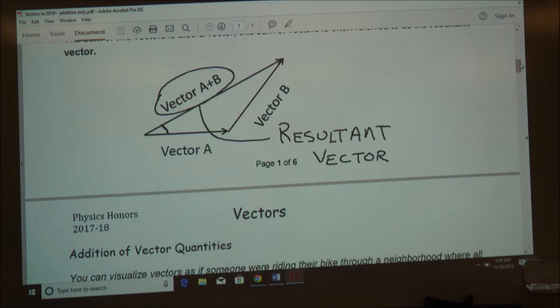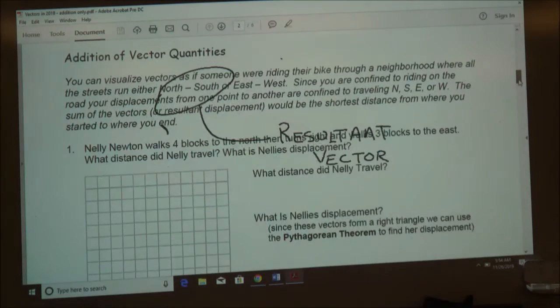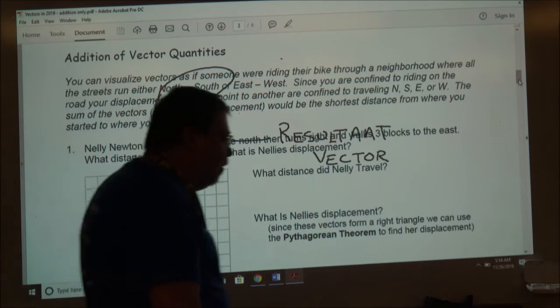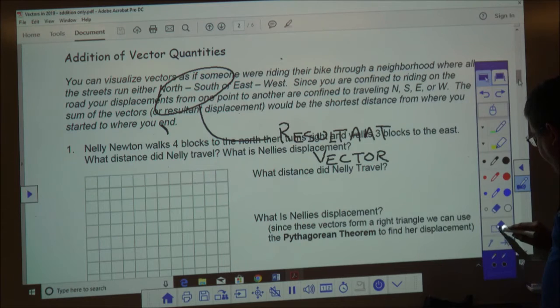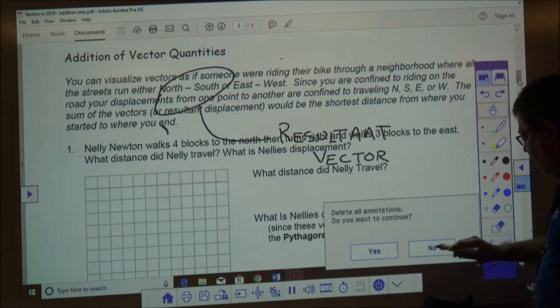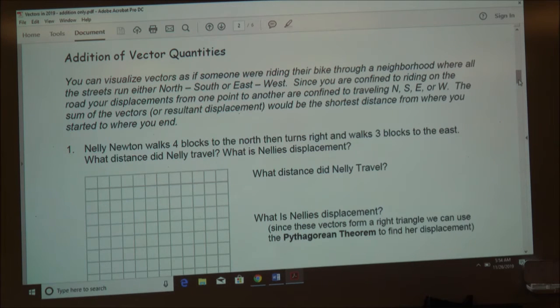Okay, so let's continue. The nice way to teach vectors is to think of taking a trip. Look at vectors as a trip. That's a nice way to visualize them. If you're riding your bike through a neighborhood, a lot of times streets are laid out north, south, east, and west.